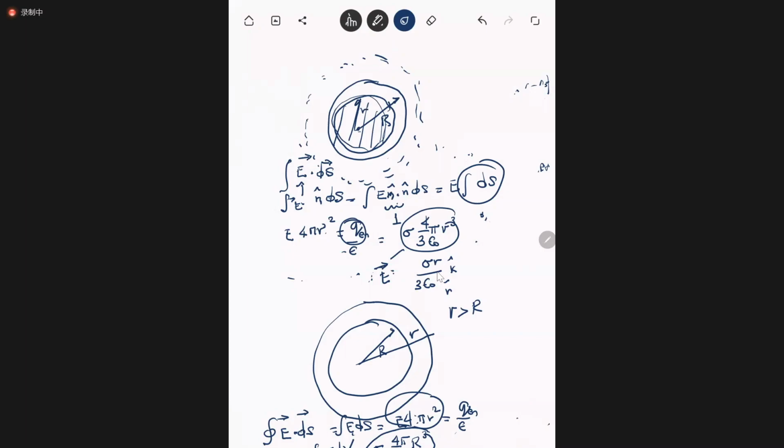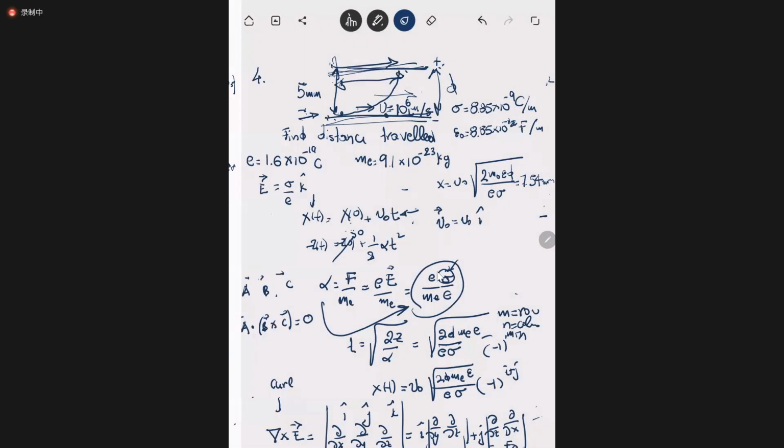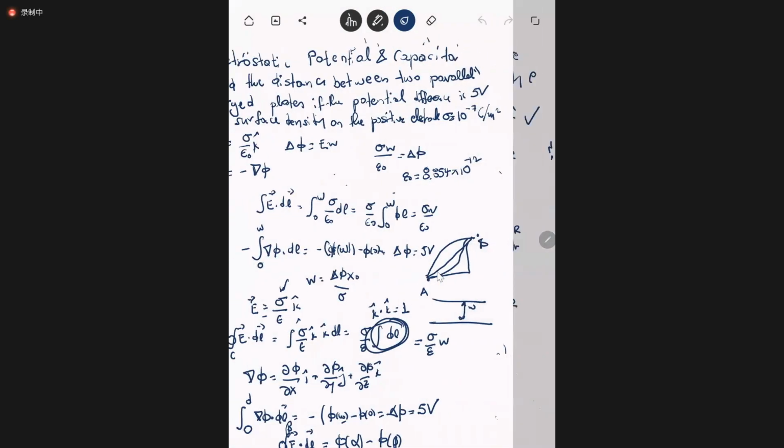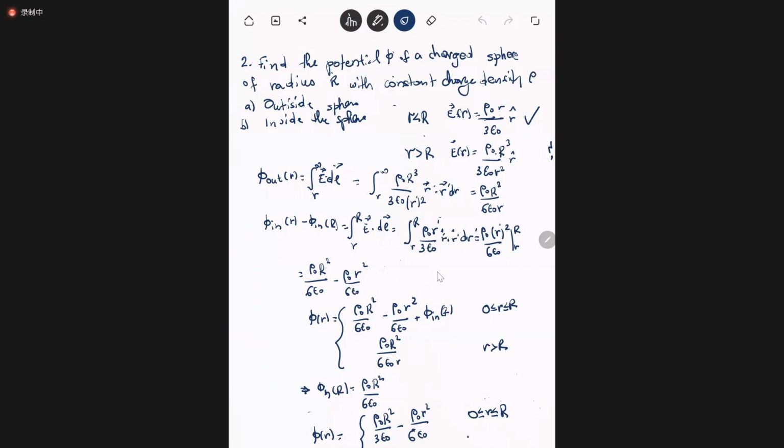We have sigma R to the power of 3 over 3 epsilon 0. I hope that's correct. Let's check it. Right, so for r greater than R, is that what we found before?